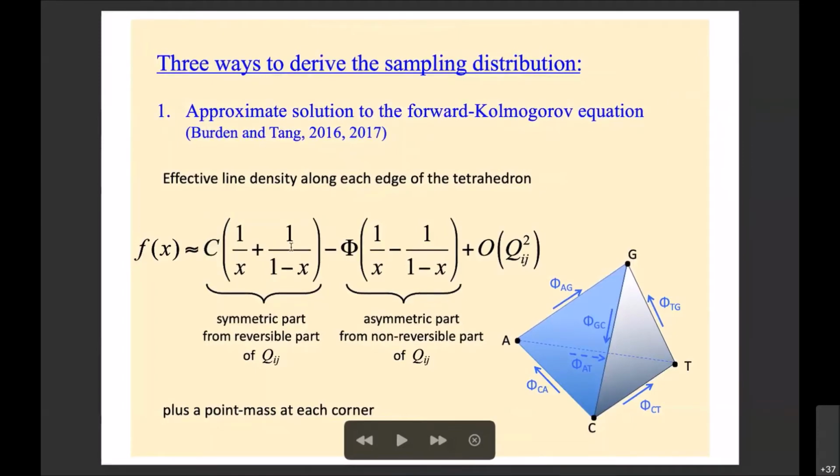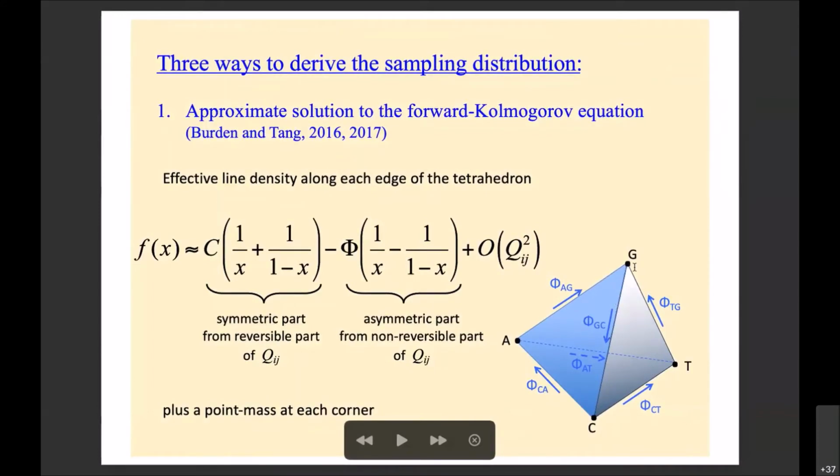But if the rate matrix is not of a particular form, what we call a reversible matrix, it turns out that the boundary conditions mean that you can actually have a flux of probability running around closed loops. So this is sort of the physicist in me coming out. I'm thinking of this as lots of pipes with water running through them, and whatever flows into the corner has got to flow back out again.